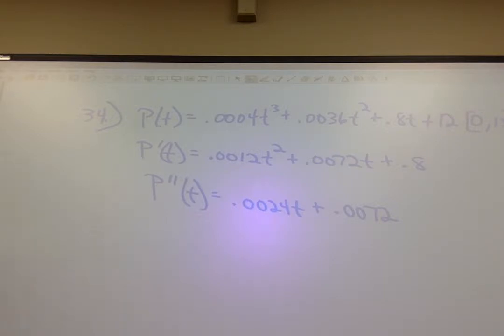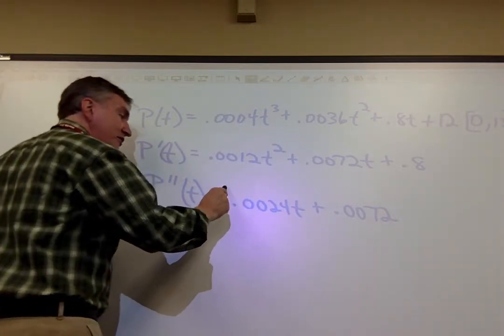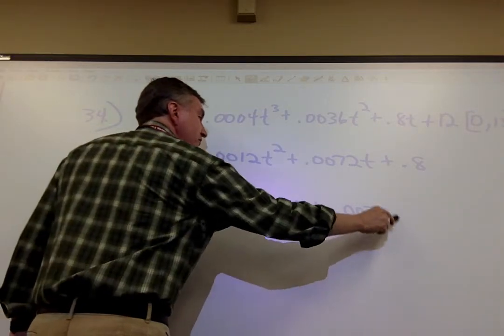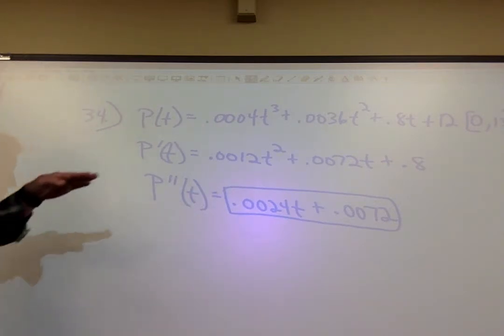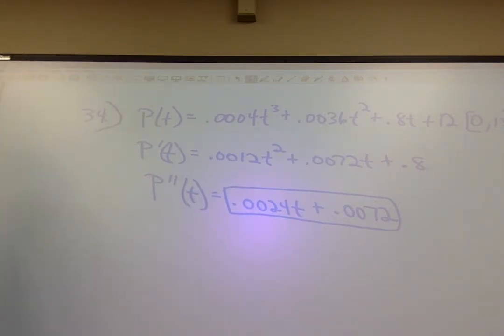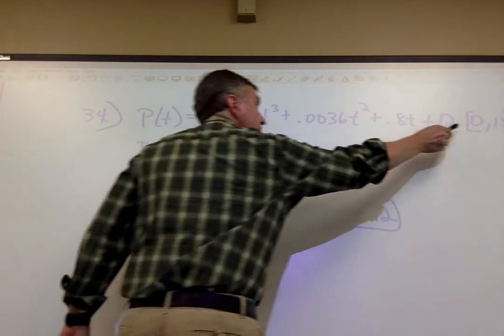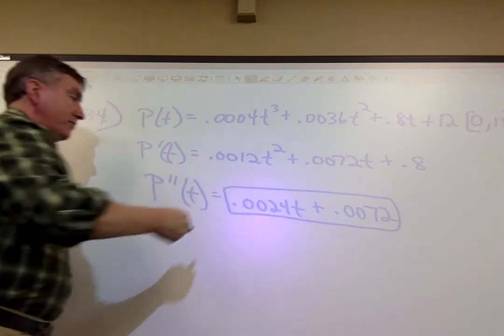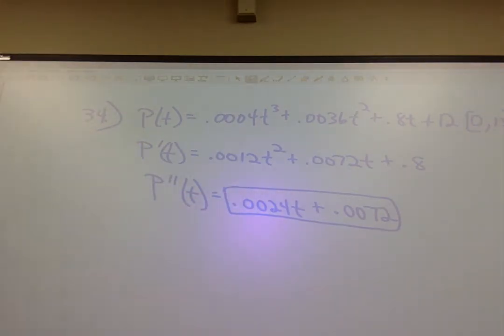That means from 0 to 13, right? Do you see that if I graph the second derivative, it has a slightly positive slope? It's rising. So that straight line is rising. So for all of these values, P double prime would be positive, wouldn't it?